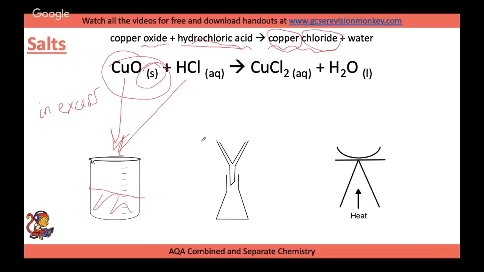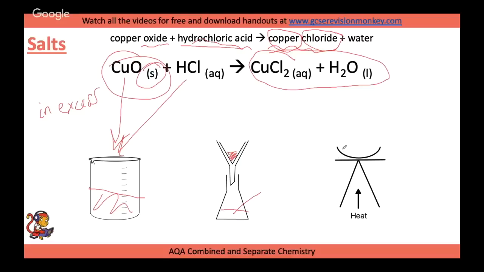Because you've got excess in there, you will then need to filter it using a conical flask, a funnel, and don't forget the filter paper, and that will collect any of the excess solid that you don't need. So in here, you should have your copper chloride solution, copper chloride dissolved in the water.